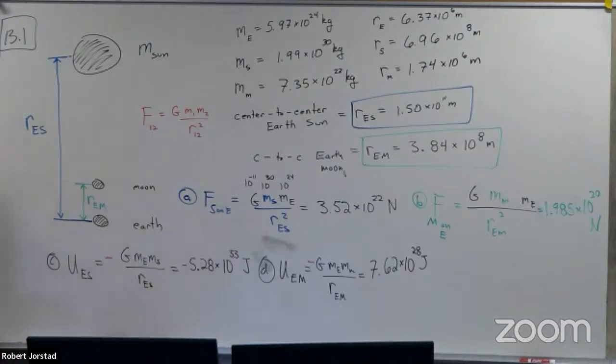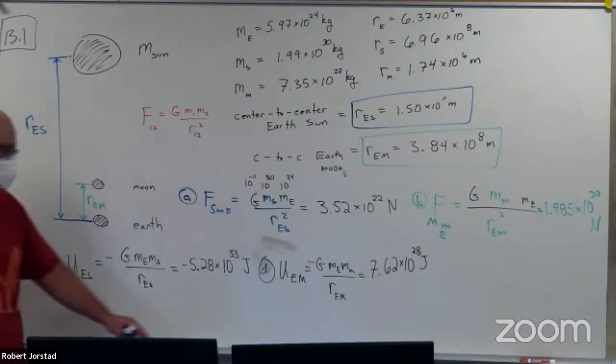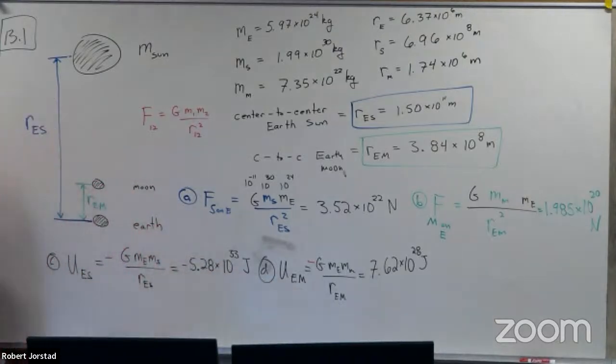Okay, now look. I've got the potential energy from the Earth and the Sun. I've got the potential energy from the Earth and the Moon. If I add those up, do I get the potential energy of the Earth? No, that sentence makes absolutely no sense at all. Okay, remember, the Earth doesn't have the potential energy. Which objects have the potential energy?